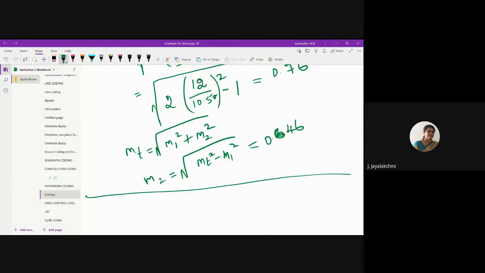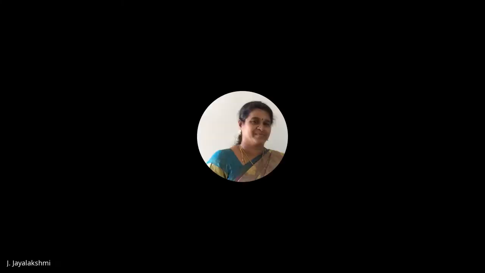I think with this we can stop the problem types. Next we'll go and see how we can generate the AM modulated signal. Each and every modulation technique has got two types of generation schemes.